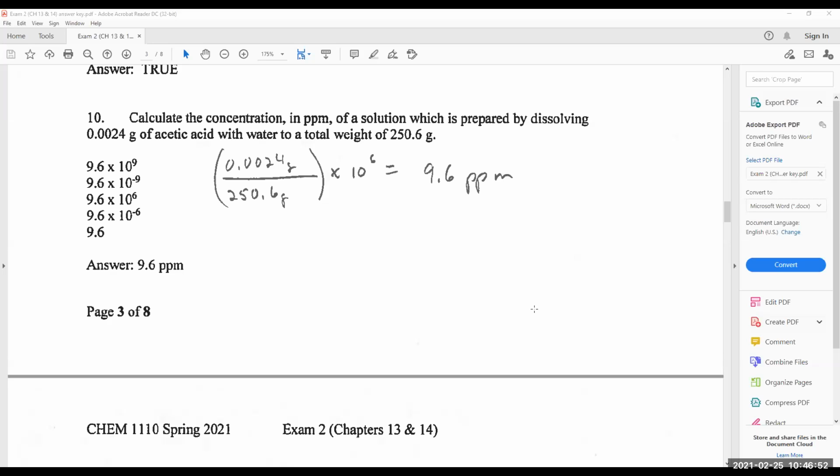Same thing with ppb or percent or any of these things when we express it that way. So I think some people are still getting a little confused on this one. So make sure it's clear in your head that if you do that 10 to the 6th in the calculation, now it's ppm. It's not 9.6 times 10 to the 6th ppm.